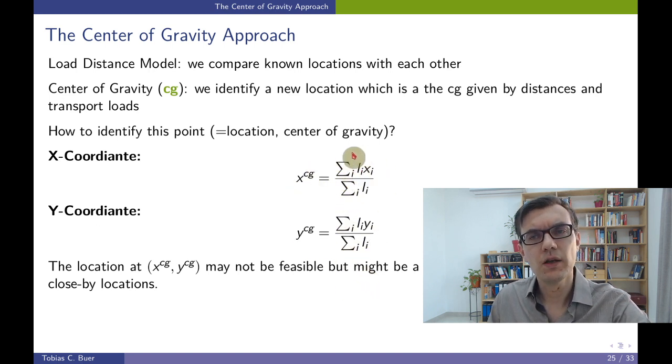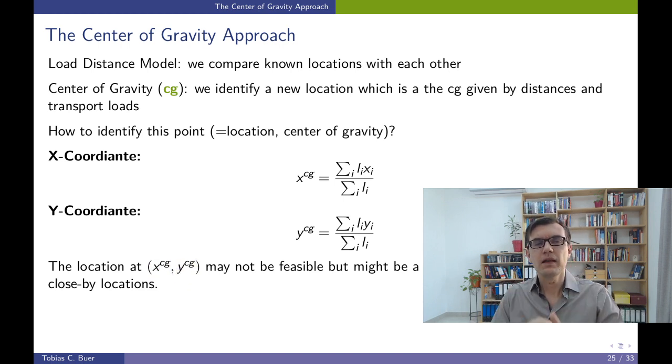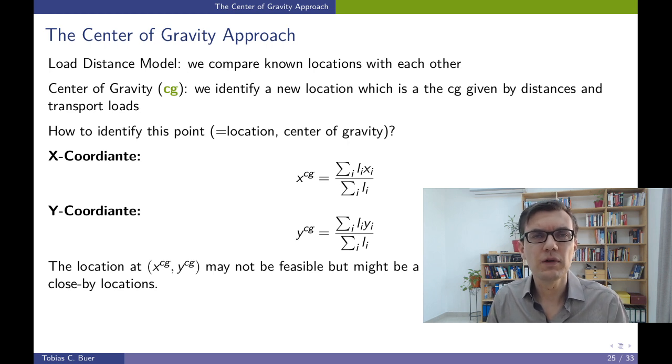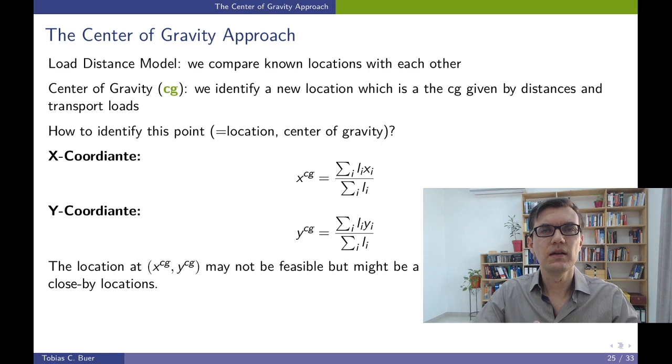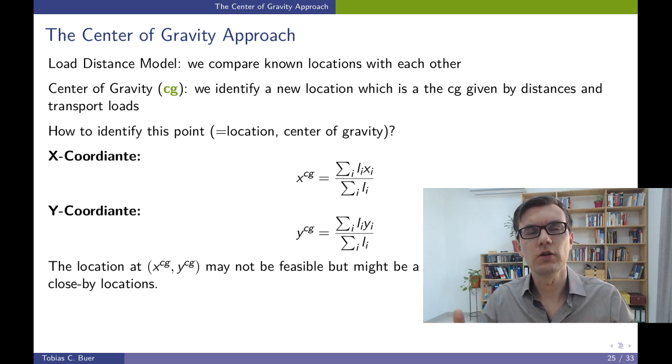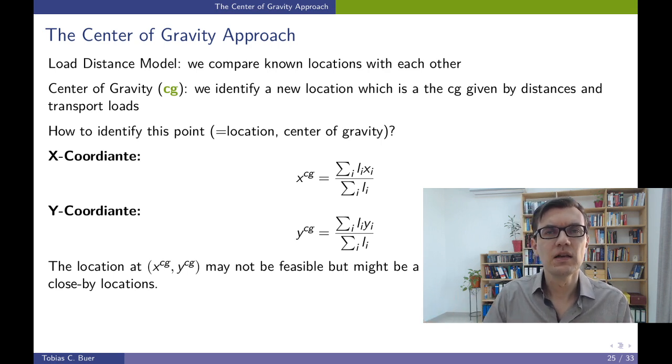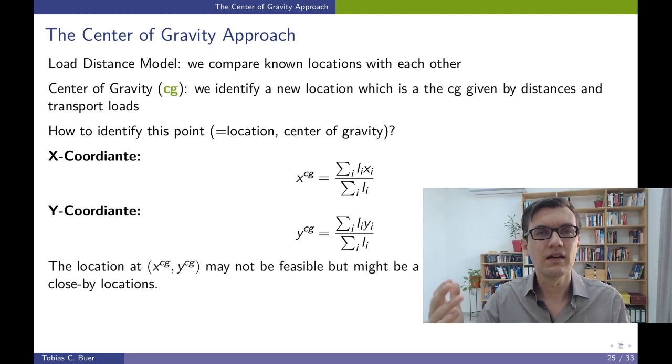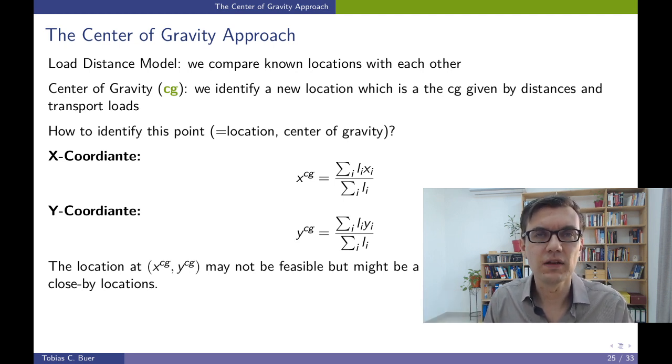So by doing this approach, by calculating the x and y coordinates, we find one point, and this point is called the center of gravity. What can happen in practice is that at this point we are not really able to open a facility. It might be in the middle of nowhere, not connected to the road network. It might be inside a residential area or whatever that is not suitable to open a facility.